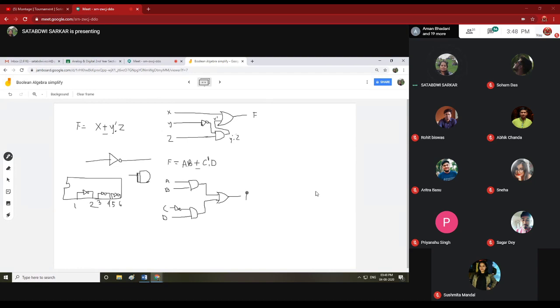This is F. You may write here the simple parts of the expression, that is here A into B we get, and here C bar D we get.